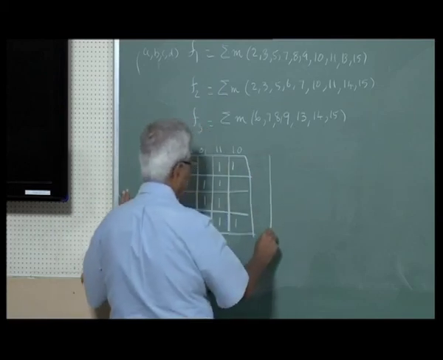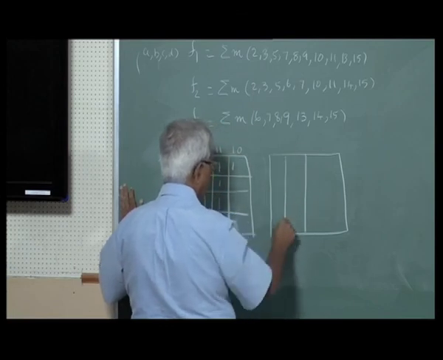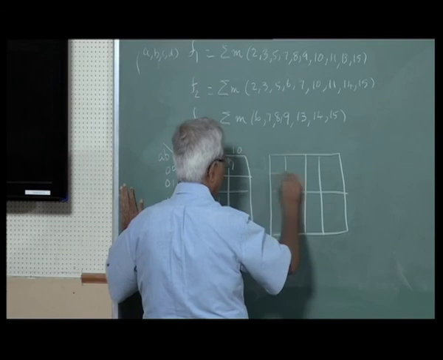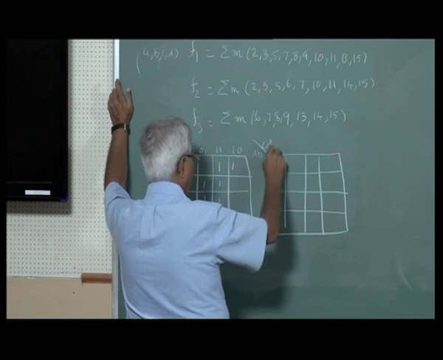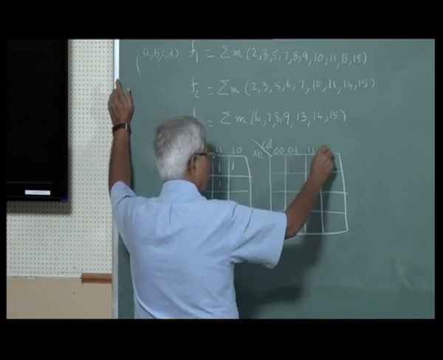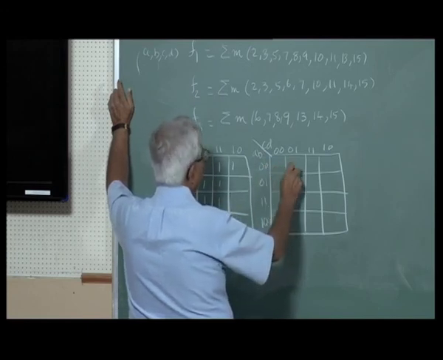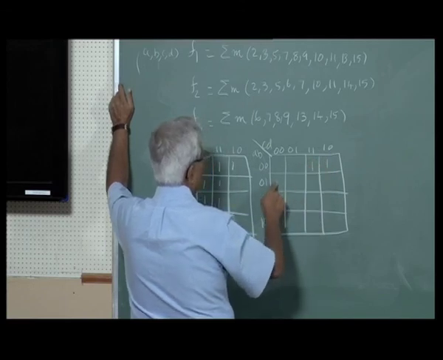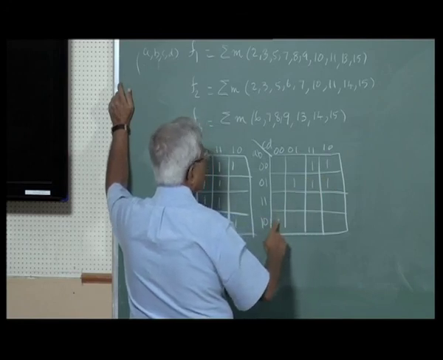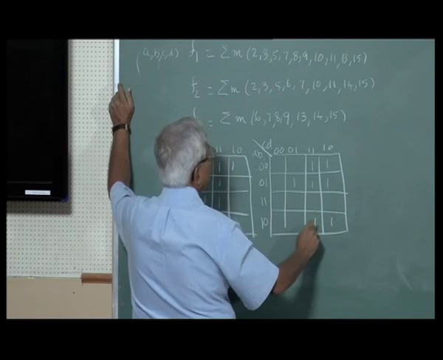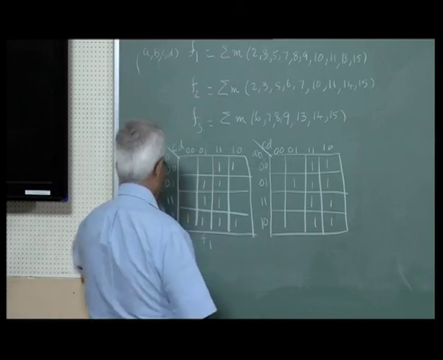F2 will be 0, 1, 2, 3, 4, 5, 6, 7, 8, 9, 10, 11, 12, 13, 14, 15.